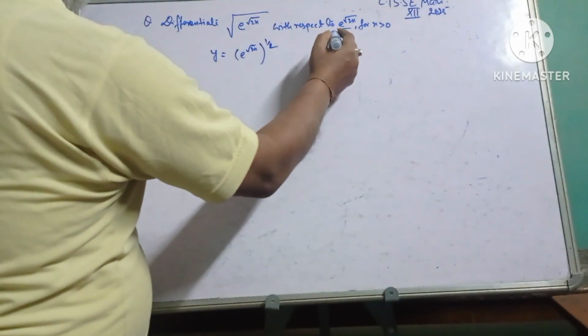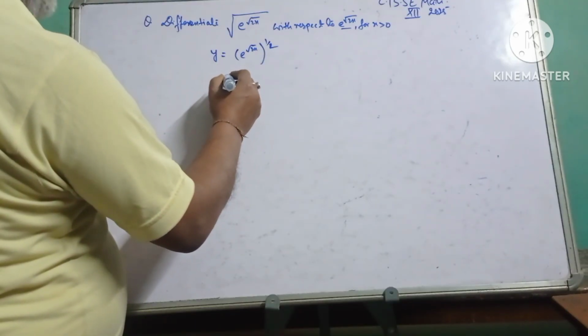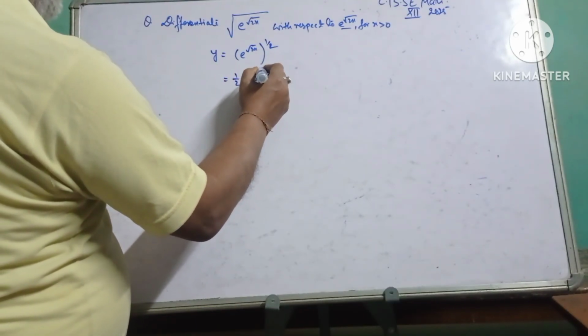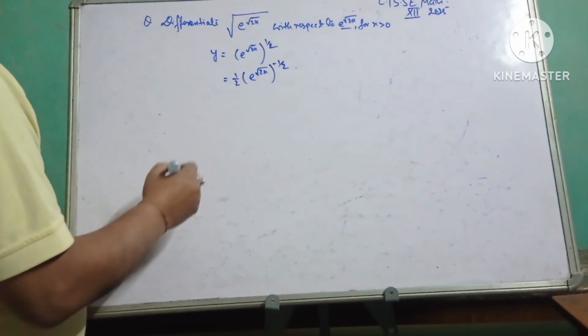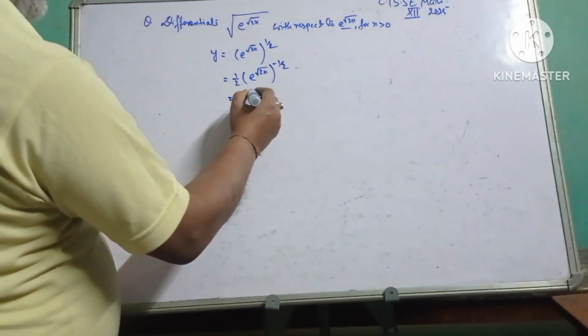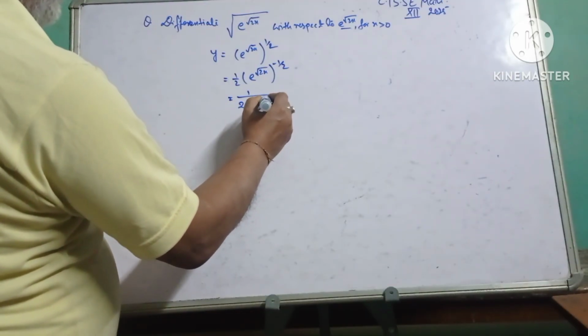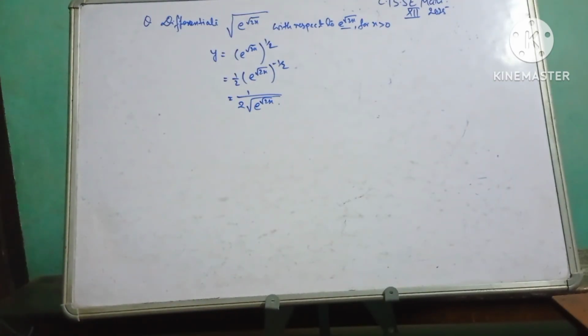When you differentiate it with respect to this, your result will be half e to the power of root 2x to the power of half minus 1, that is minus half. So this will be 1 by 2 root e to the power of root 2x. So this is your answer.